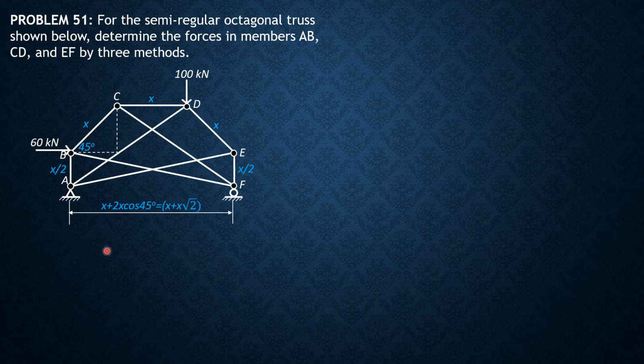Then for the first method, let's put the reactions first. Call that AY. Then summation of forces in X, obviously this is 60 to the left, and we have RF. Then we consider the section inside AA.